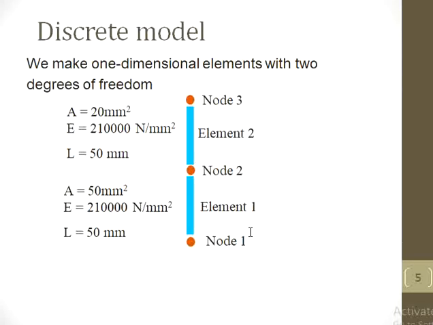So element 1, element 2, and we start from the bottom side: node 1, node 2 and node 3. Then the given data available: the area of elements 1 and 2, then E, that is Young's modulus of elasticity, we have been given, then the length of the respective elements.